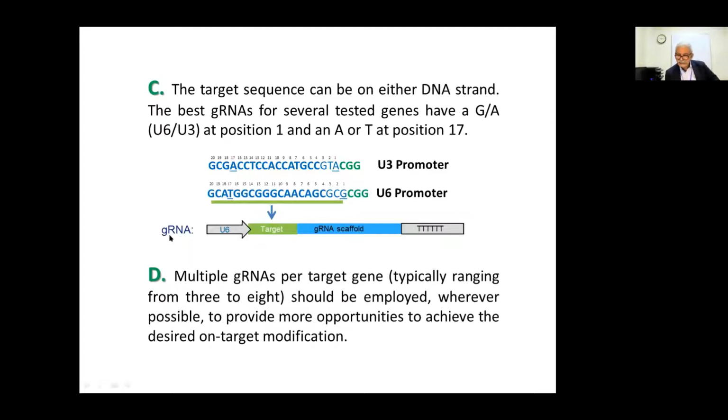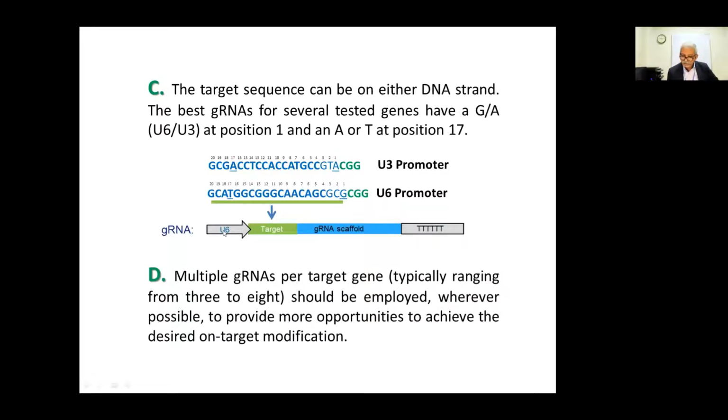So what is a gRNA? gRNA is protospacer plus CRISPR RNA plus tracer RNA. So 3 different components represent a complete gRNA, and the gRNA is expressed under a specific promoter.